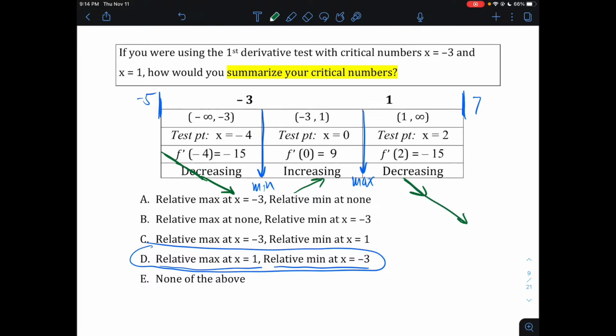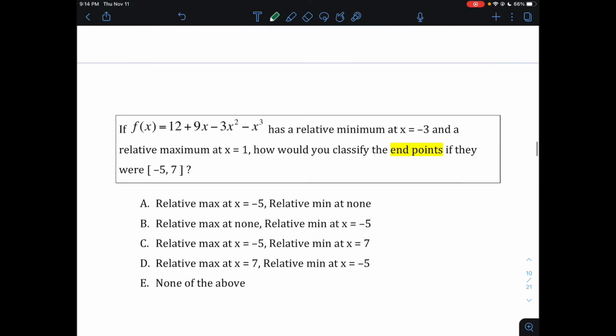So you can think that for -5, you're coming from a high value and then going down to the minimum. And then for the other interval, as we're heading towards 7, we are decreasing down to a low value. So you can expect that you would get a maximum at -5 and a minimum for 7.